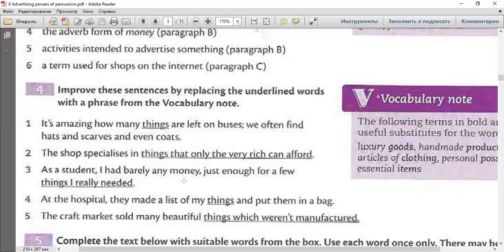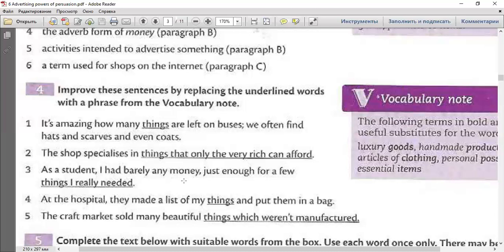Okay, number 3, essential items. Good. So as a student, I had barely any money, just enough for a few essential items, things I really needed, essential items. Okay, number 4. Personal possessions.